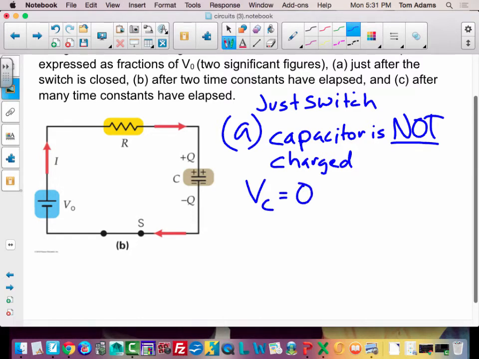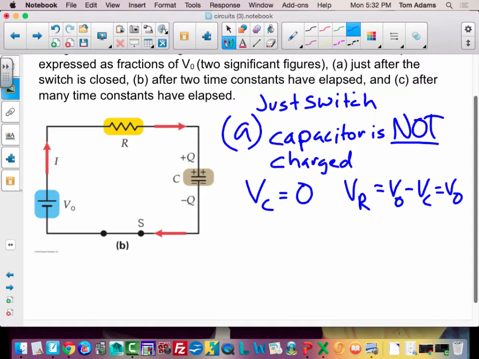And we could also think of it like this. Because the capacitor isn't charged, the overall voltage is really going to be the initial minus the capacitor voltage, right?